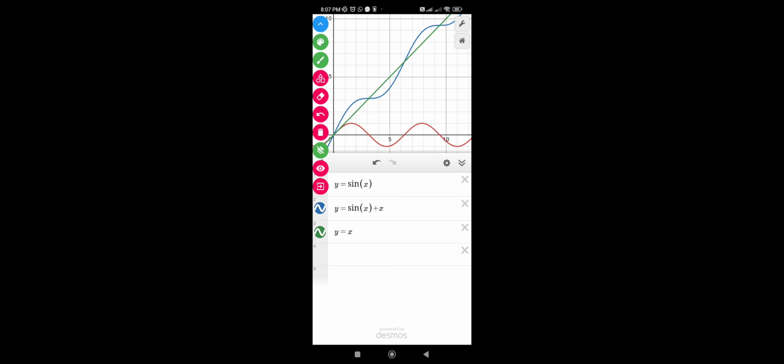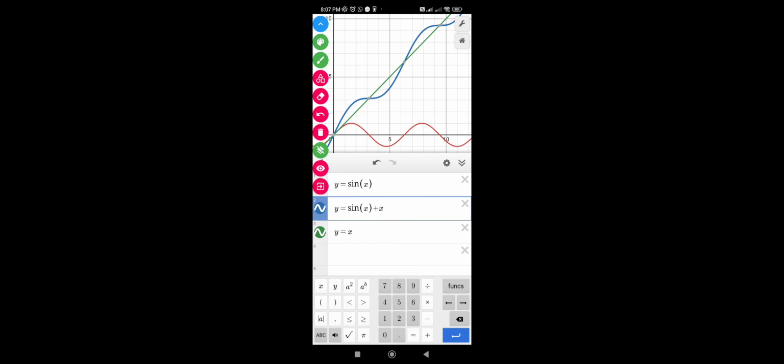This blue is g of x, and this green is y equal to x. So these intersecting points, pi comma pi, 2 pi comma 2 pi, are the intersecting points of y equal to x and g of x. That means these are the fixed points of g of x.